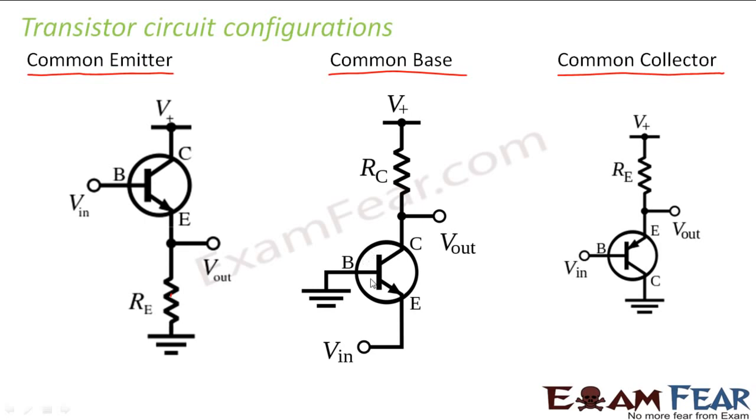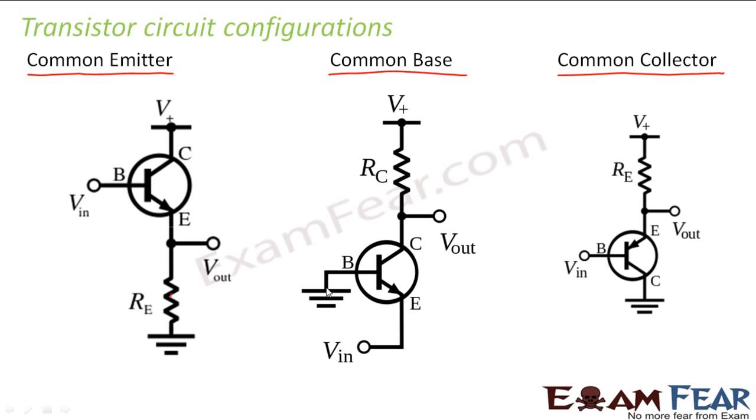Let us look at the common base configuration. Here if you see, base is the one which is grounded. So the terminal which is grounded is the common terminal, because sometimes you also have questions where you are given complicated diagrams and then you are asked, tell me how the transistor is arranged. I mean, what is the configuration of the transistor in this circuit?